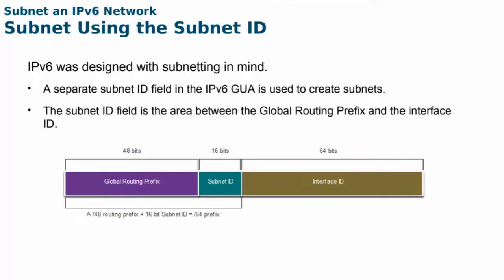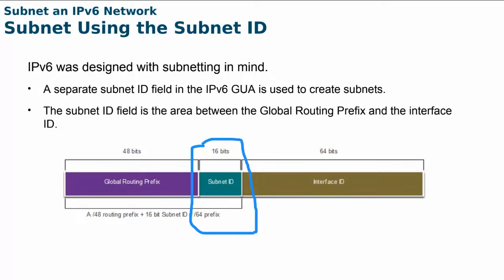This is your subnet ID. So you have 48 plus 16 plus 64, 128. Please remember how many bits it is, okay?